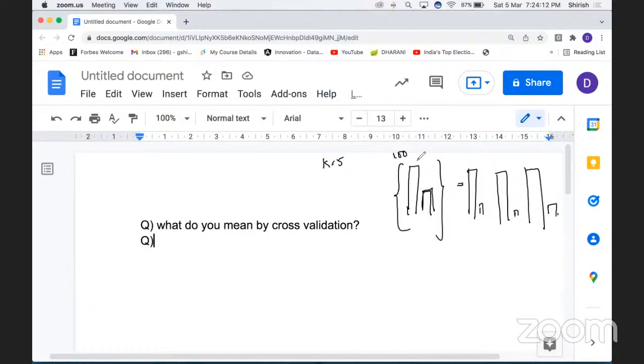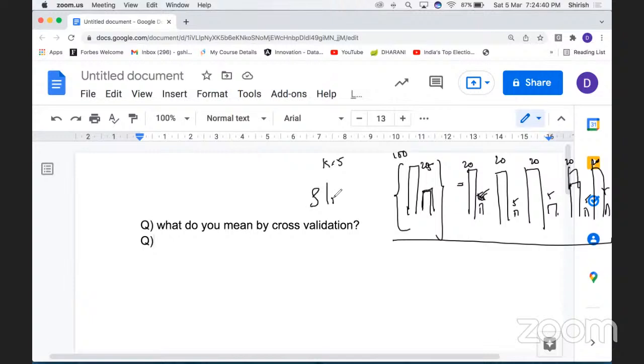For example, if you divide it into 5, it will divide according to the proportions, which is nothing but stratified k-fold. Okay, this is our cross validation.